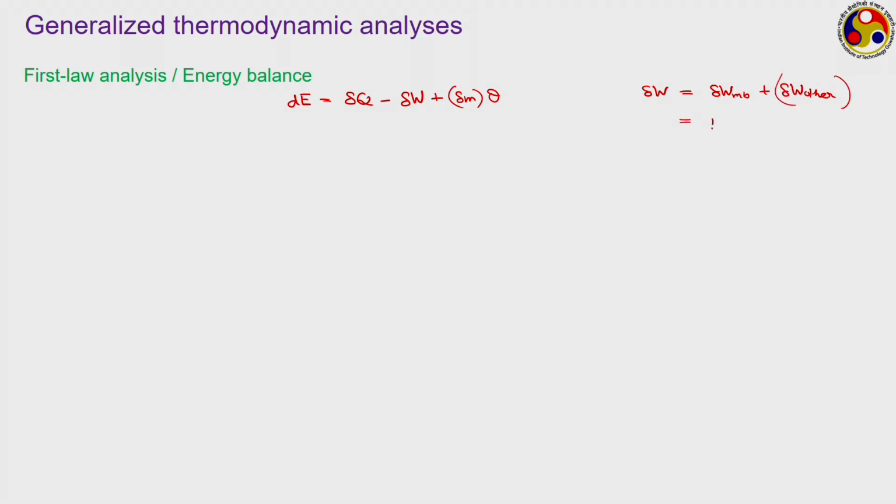And moving boundary work, we know for an infinitesimally small process can be represented as PdV. So, the work interaction can be represented as PdV plus δW other.